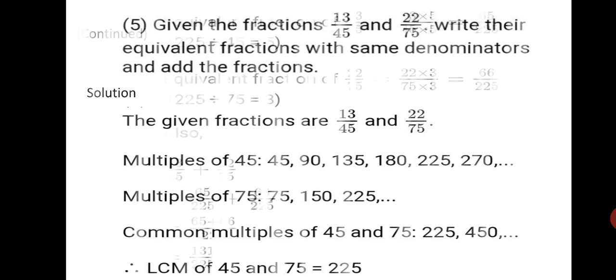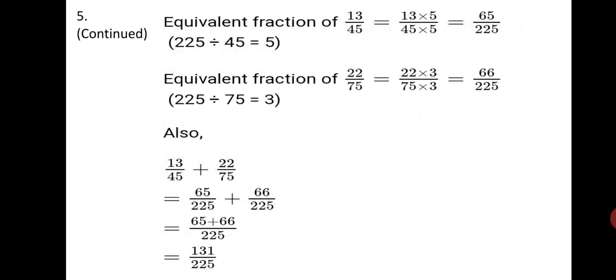Let's have a look. Equivalent fraction of 13 upon 45 is equal to 13 into 5 upon 45 into 5, which is equal to 65 upon 225. Now we have made the denominator 225 by multiplying 45 by 5. How did we find that?